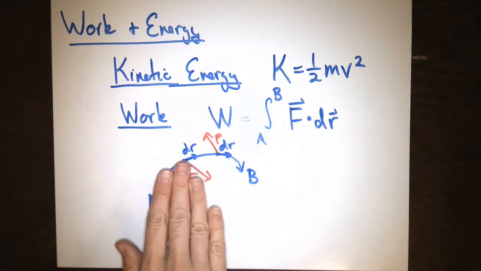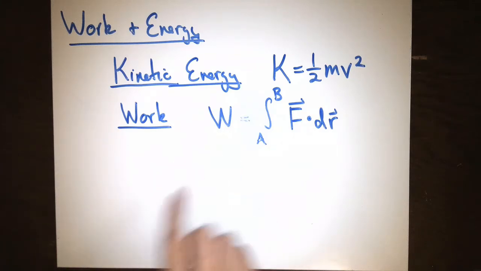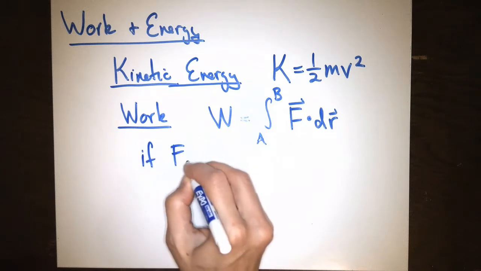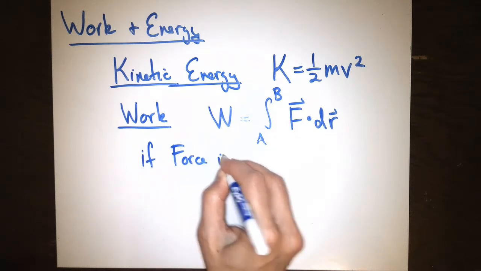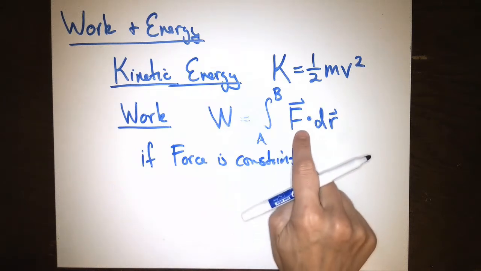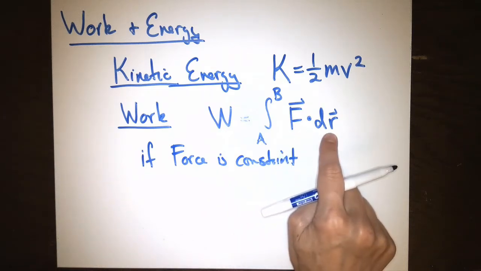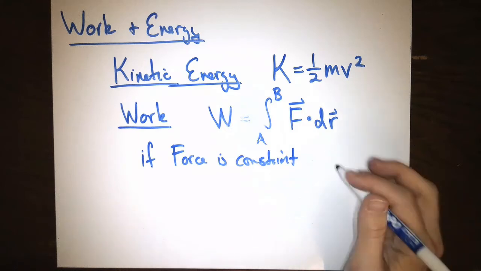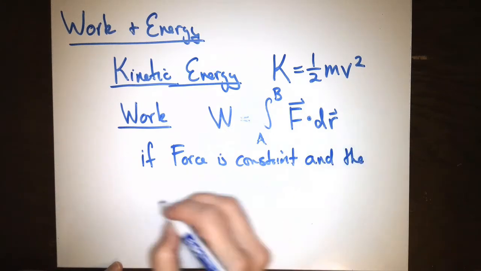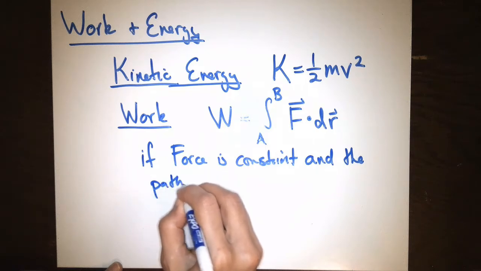So I'm going to erase this so I have some room to work. All right, so my simpler case is if the force is constant. So the force isn't changing direction or size anywhere along this path. And let's make it even simpler, and the path is a straight line.